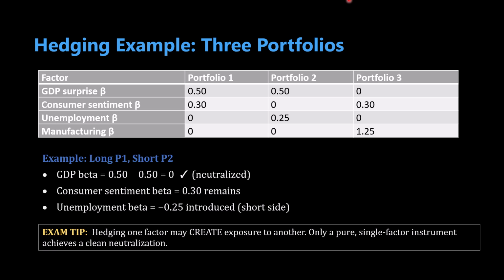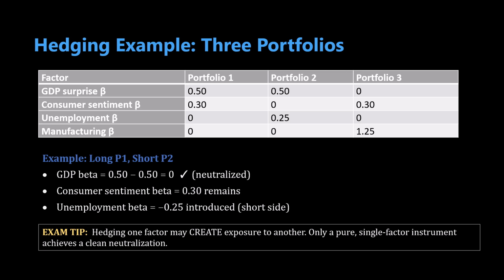However, the combined positions will have a consumer sentiment beta of 0.30 because portfolio 2 has no consumer sentiment exposure. In addition, because we are short portfolio 2, we introduce unemployment beta of minus 0.25. This example teaches an extremely important lesson.